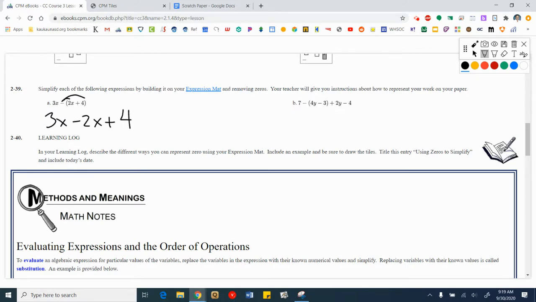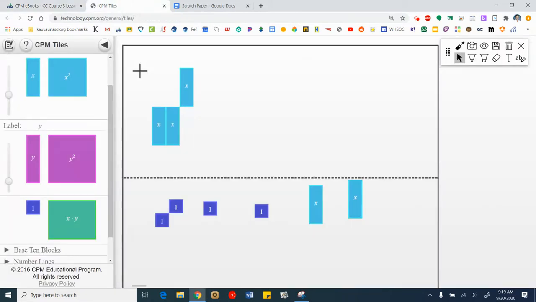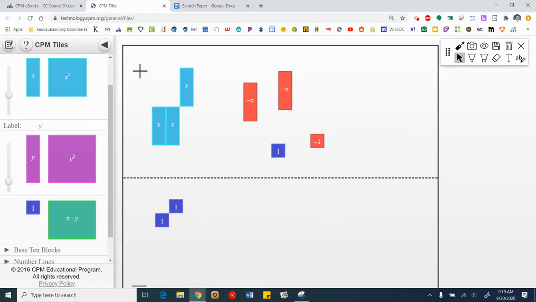What is that going to look like on my tiles? I'm adding the opposites, so the minus 4 becomes plus a negative 4. And this is the other way I wanted to talk about for taking away zeros.